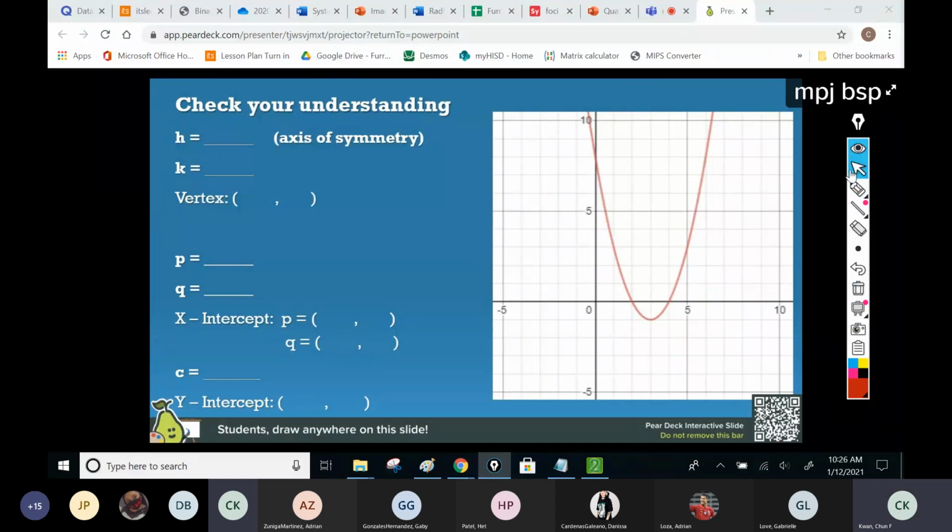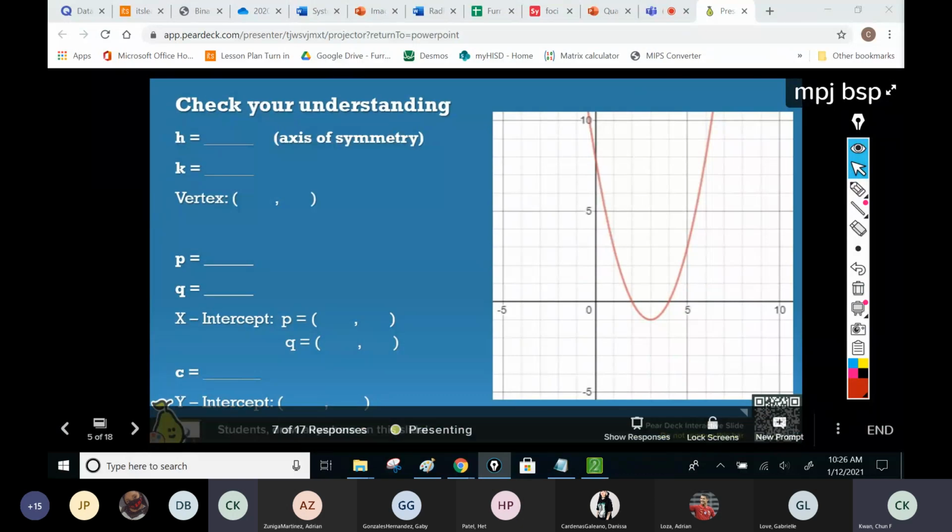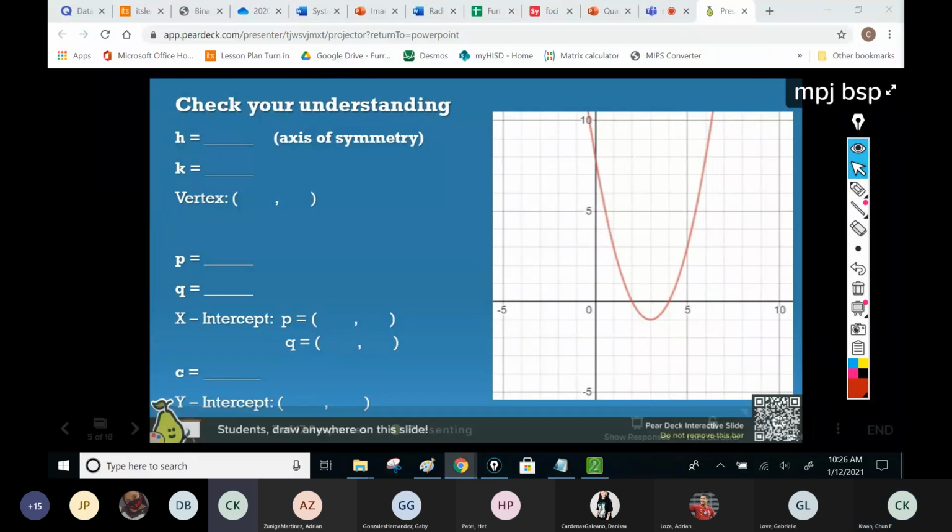All right, I want you guys to go ahead and go to Quadratic and then work on this. It shouldn't be very hard. So do me a favor, give it a try. Label them on the graph, and then also tell me the numbers. Fill in the blanks.